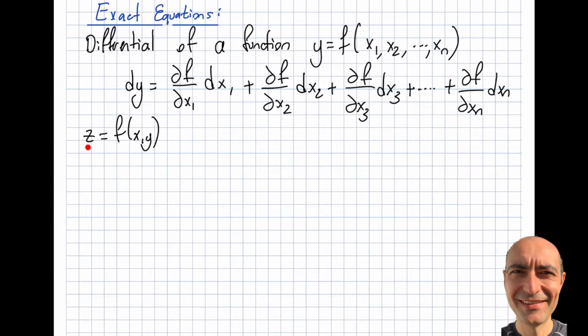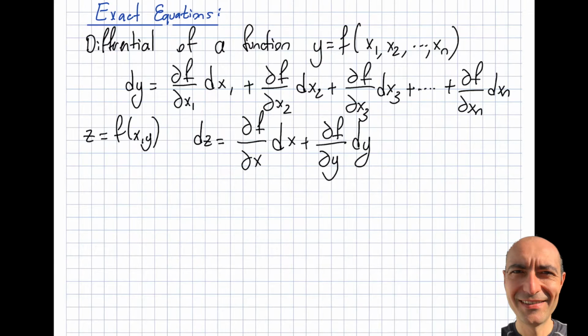So now I have my z, and this is x1, this is x2. If I take a look at this equation, you will see that dz will be equal to del f, del x, dx, plus del f, del y, dy.